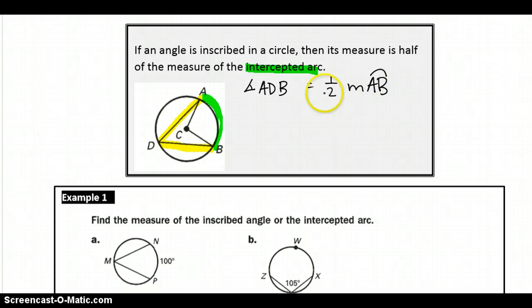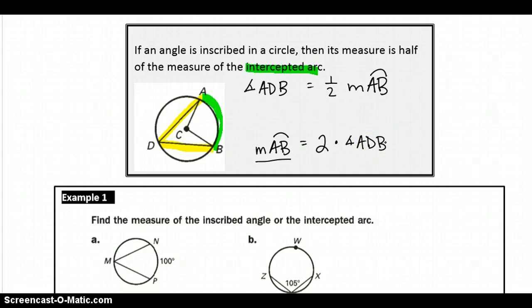It works the other way too. If we know the measure of the arc AB, to find the measure of the inscribed angle, we halve it; to find the measure of the arc AB, we double the measure of the inscribed angle ADB.